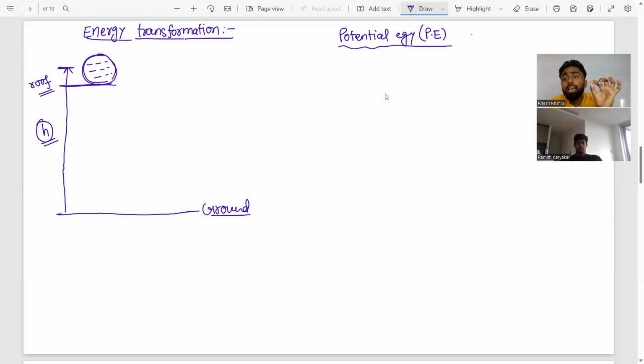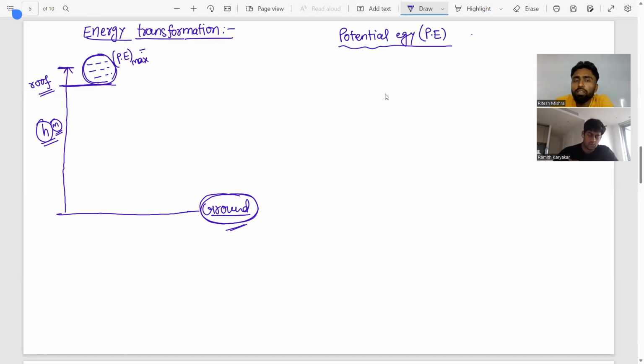This ground is our reference position. That means this body has higher potential energy, the maximum potential energy.